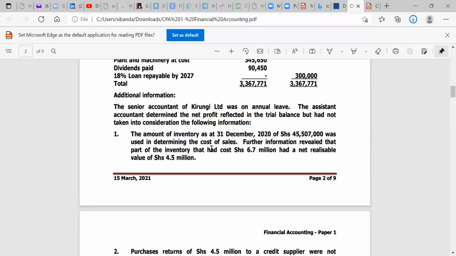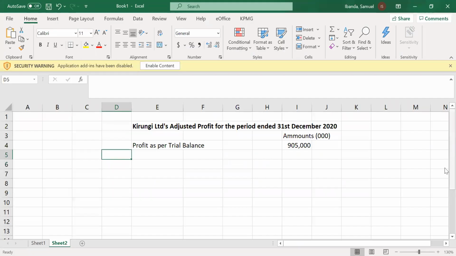Inventory, which had a reasonable value of 4.5, was valued at 6.7. So how does this affect my profit? Does it mean my profits were overstated because of this, or understated? This is what you're supposed to do for item 1, about inventory.